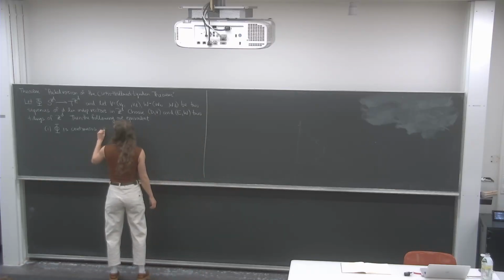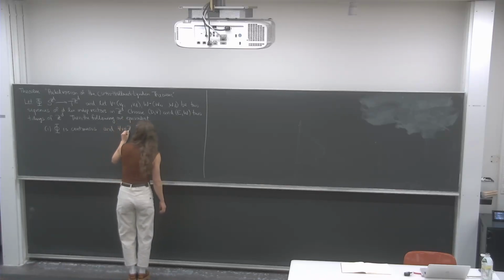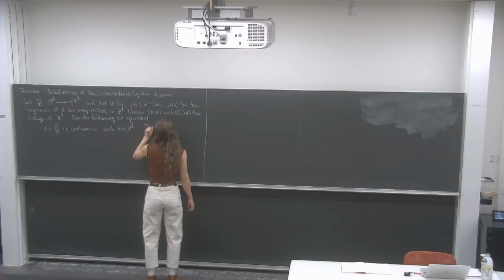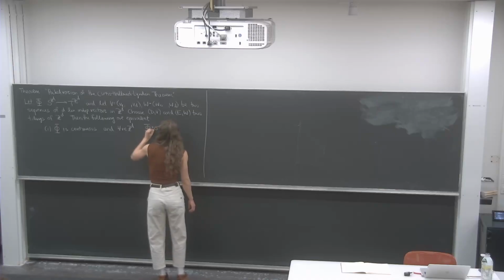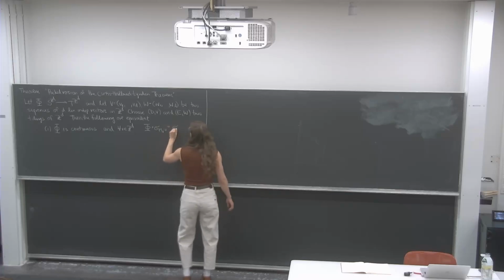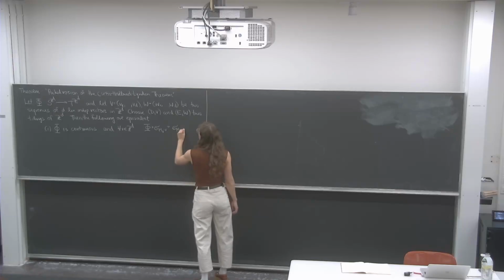So basically, for all vectors v from Z to the D, phi composed with the shift by M_V v is the same as the shift with respect to the other basis composed with phi.